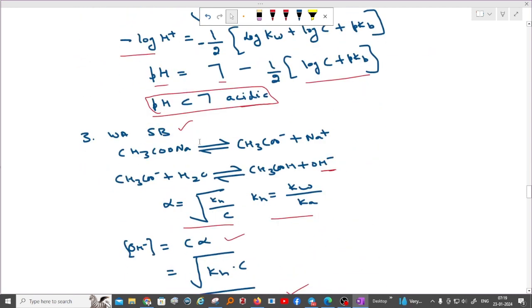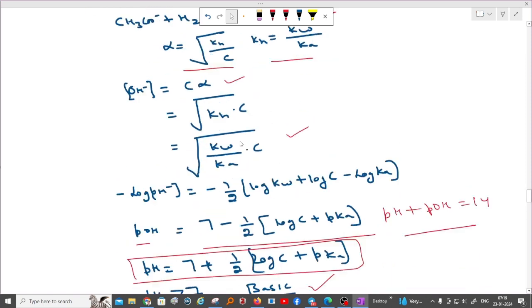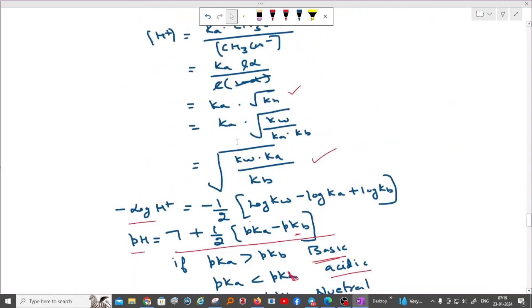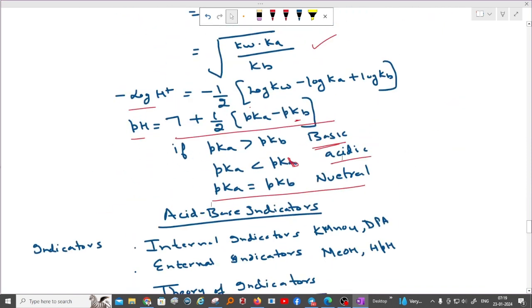For a salt from weak acid and strong base, the pH of the solution is greater than 7, that is basic. And for a salt coming from weak acid and weak base, it depends on the values of pKa and pKb whether the solution will be acidic, basic or neutral. That we have proved, and we have derived the pH also. Okay, it's very simple to derive, and these are asked also.